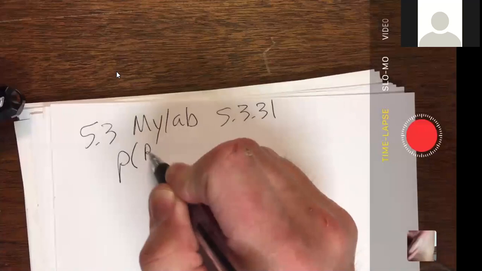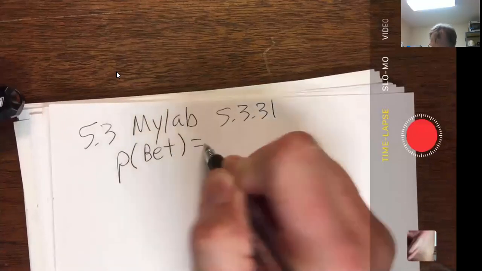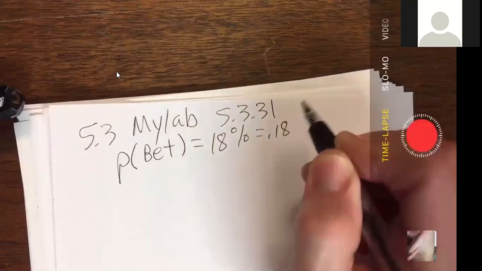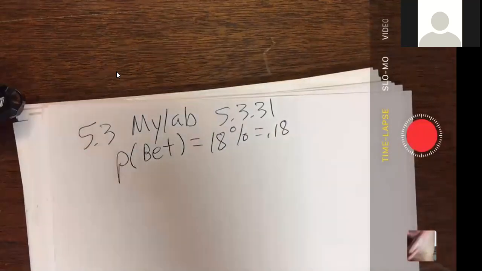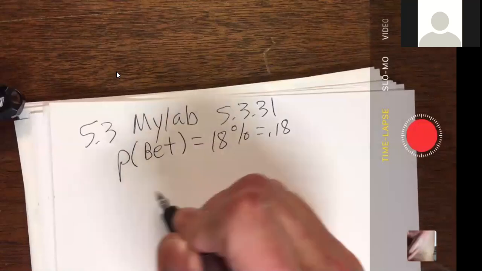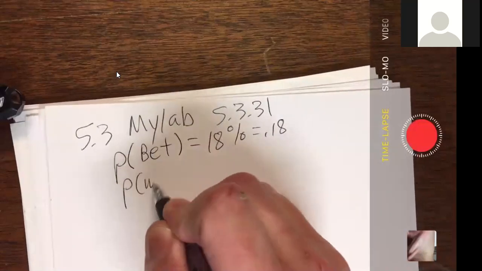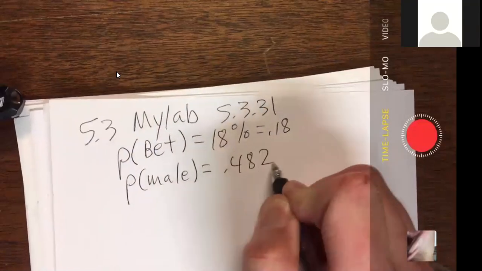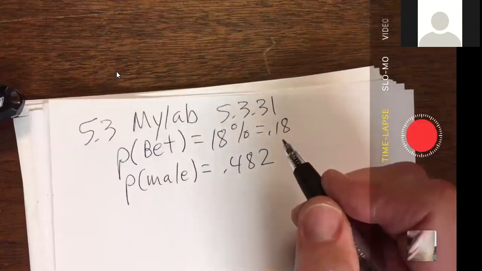Okay. Yeah, it is similar. Okay, 18%. Got it. And the data indicate that 48.2% of the poll of the adult population in this country is male. And we say complete part A through E.